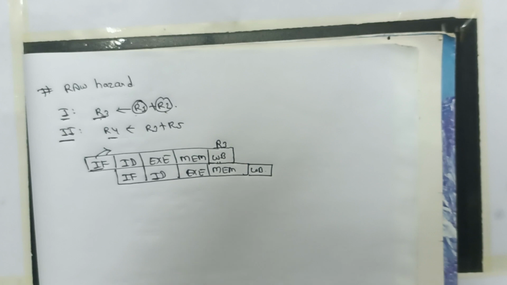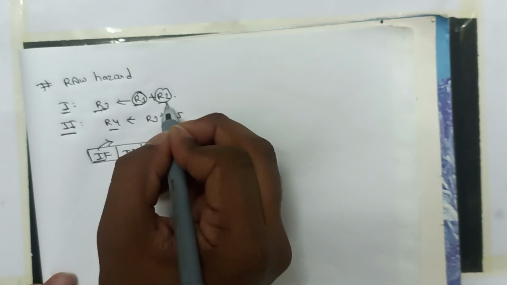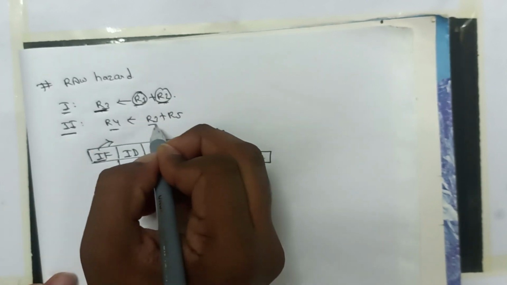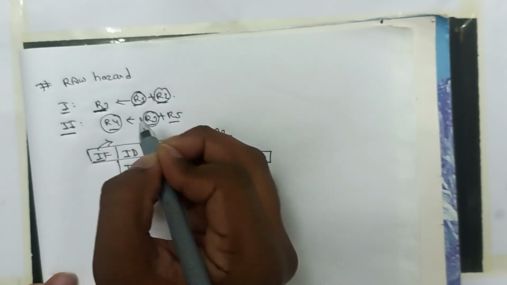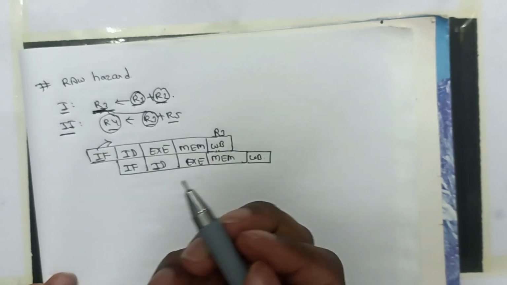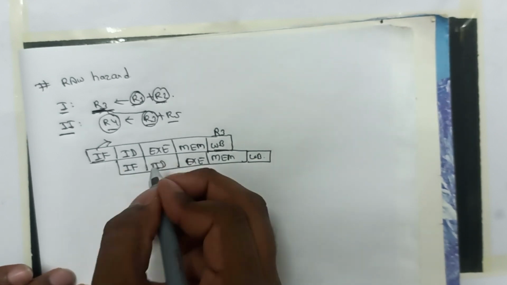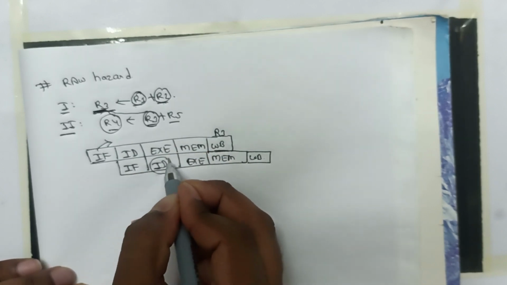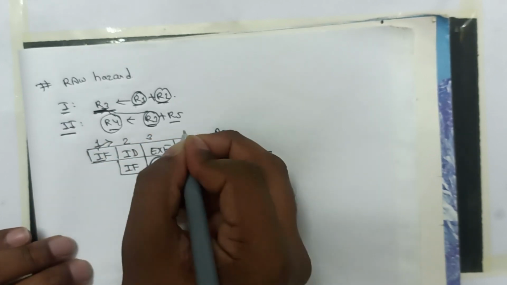Here is the data hazard. See, R1 and R2 are added and stored in R3, and R3 and R5 are added and stored in R4. But this R3 is dependent on this R3, and the value of the updated R3 we get in the write back phase. But before getting the value of R3, we are adding the value of R3 in this phase. Let's see clock cycle 1, clock cycle 2, 3, 4, 5.